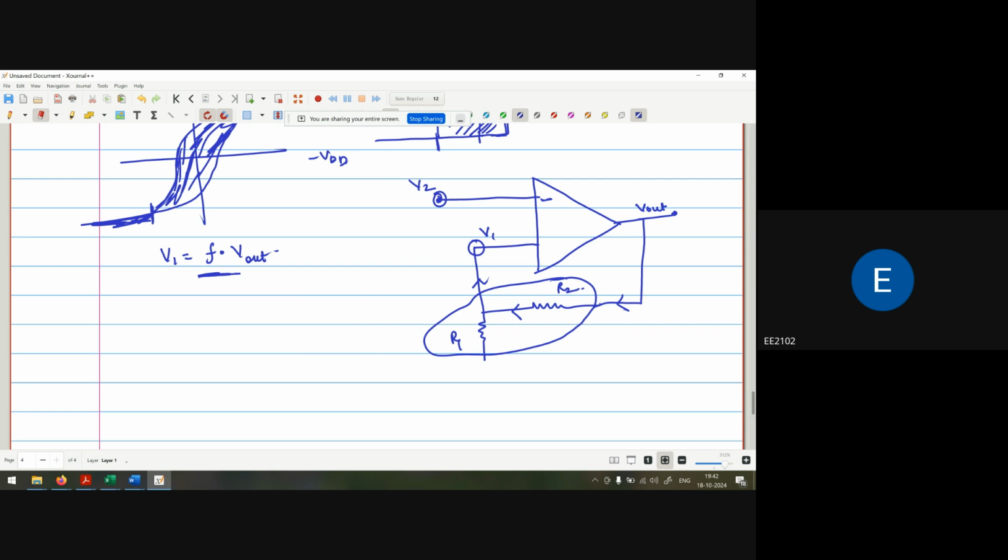Now, how do we get the feedback component? The feedback component is basically the voltage drop at this point. The V out voltage will be passing through the R1 and R2 resistances. The voltage drop at this point, F, is nothing but R1 upon R1 plus R2.